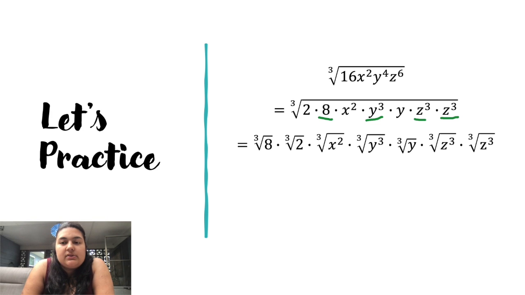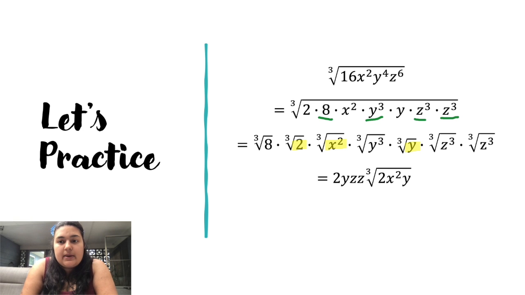So basically, outside of my radical sign, I'm going to see 2 from that 8, and I'm going to see a y, and a z and another z. So what's left behind is 2, x squared, and y. We're going to stick them back together under one radical sign.